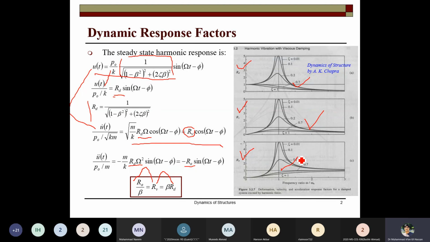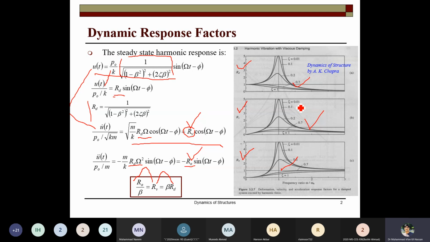So the point was just to get displacement; we were always discussing that. Now the response of the velocity as a function of time is obtained, and then the acceleration response as a function of time, and these magnification factors are plotted.